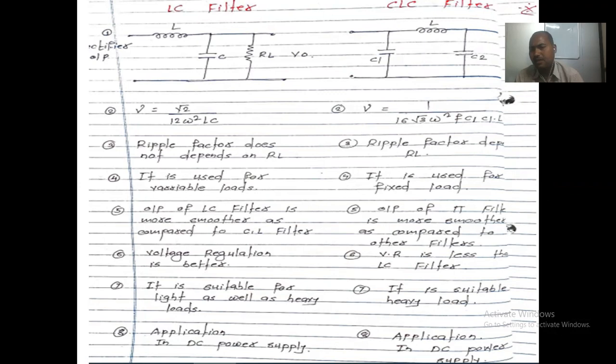So I already told you, there are many good things about your CLC type of filter. But see, someone who has good qualities also has some bad qualities. In the same way, your CLC type of filter has all these positive things, but it has one disadvantage. That is, it is not used in the case of a variable load, right?